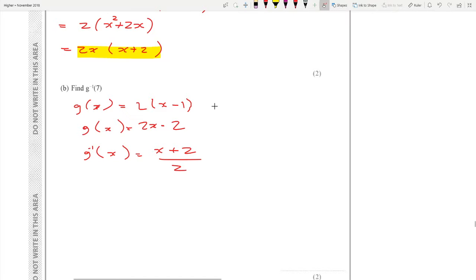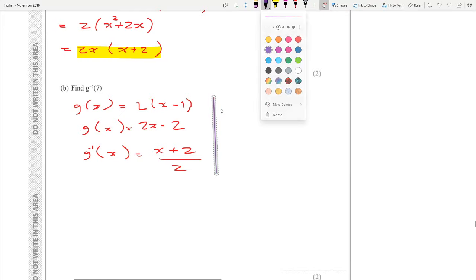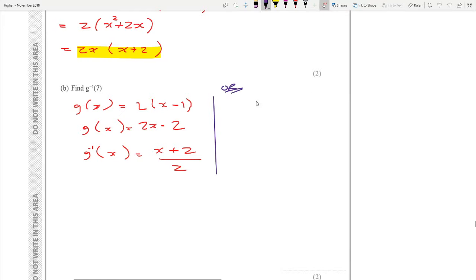Now another way you could get the inverse, I'll show you here. If we make this y equals 2x minus 2, using the same one again, we can inverse it by switching the y with the x, so that will give us x equals 2y minus 2.